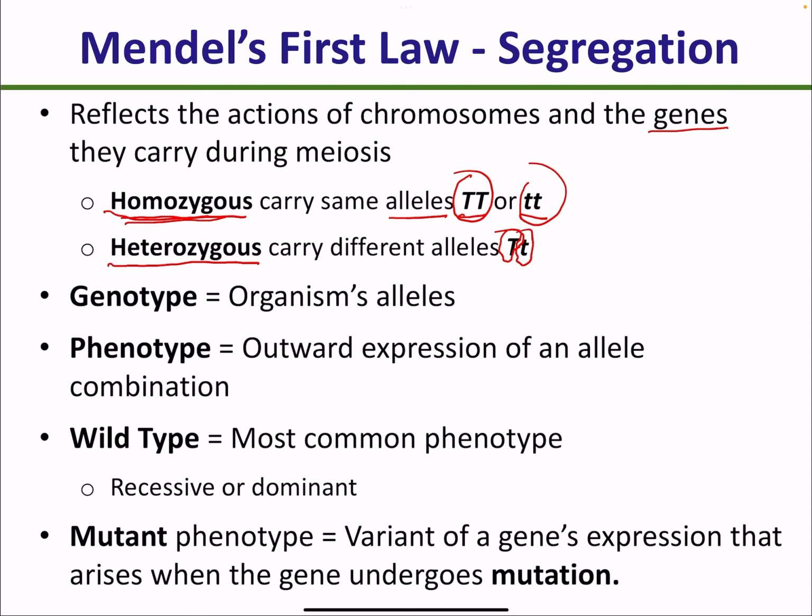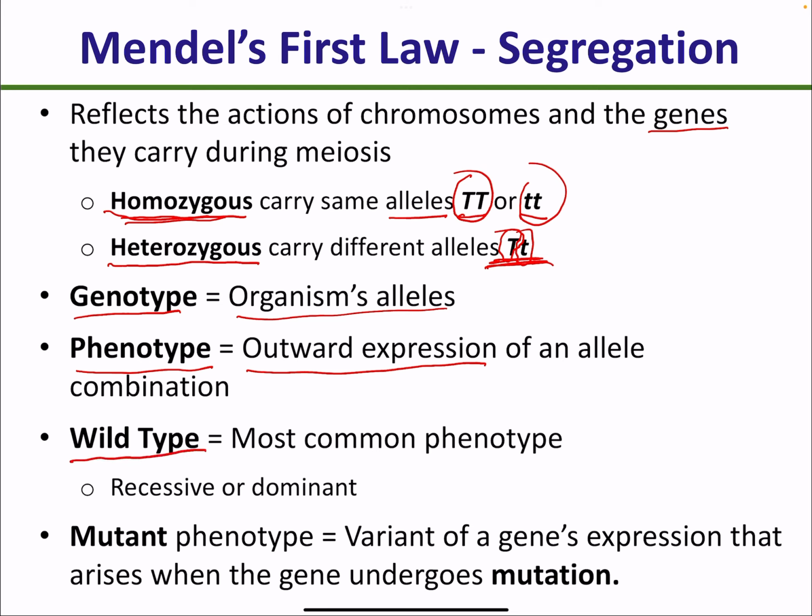for short, right? The genotype of the individual is the two alleles, one coming from each parent plant. So the genotype is the genetic makeup, while the phenotype is what we can see, the outward expression, what we can count, what we can measure. Now, another terminology I want you to know is the wild type.